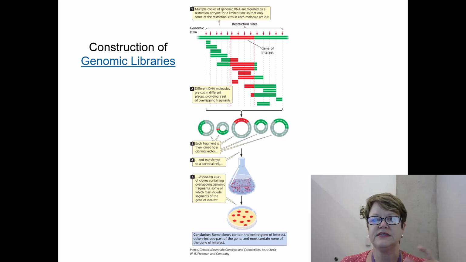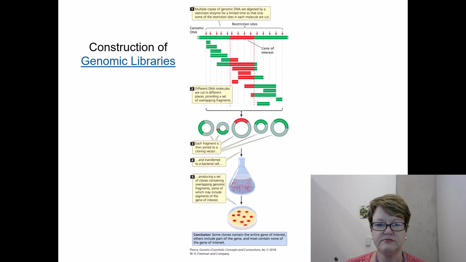But each of the pieces can be somewhat different sizes for your fragments. They're all being attached to vectors of the same type, just many copies of the vector, then transformed into host cells and plated out on plates. Then we just store them in a freezer, because bacteria can be stored in a freezer and they do fine.